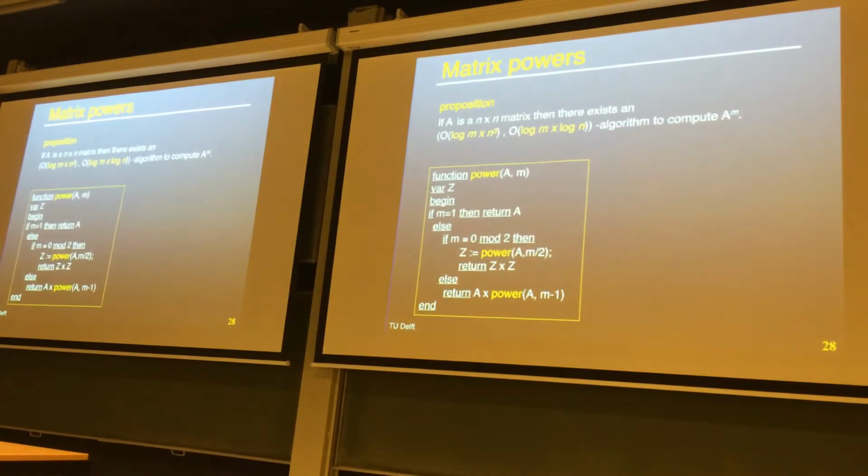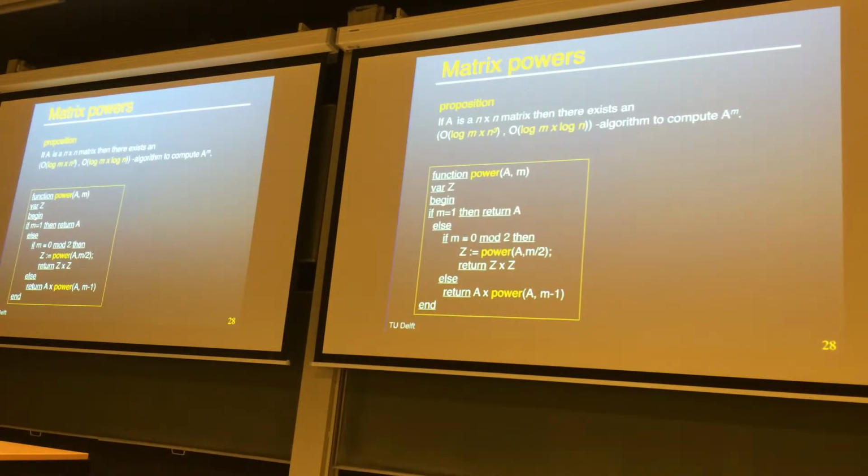How? Well, this is the idea, and it is basically a very easy variant on the sequential algorithm that was taught to you in, well, maybe the first year, in order to come up with a very fast algorithm for finding powers of a certain number.